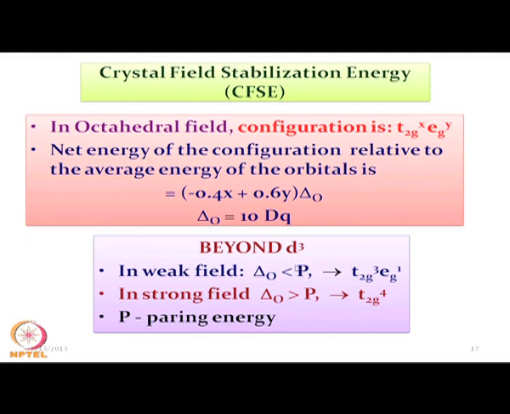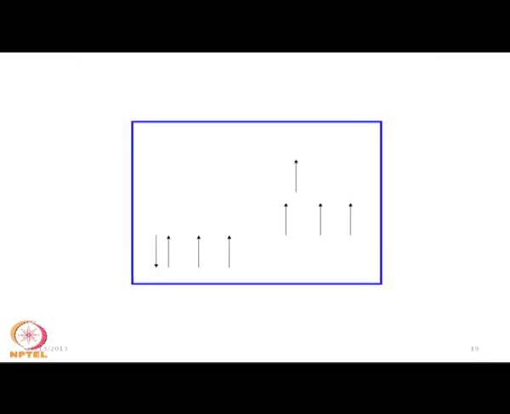And we have seen what we can have beyond d3, when we have the d4, d5, d6 and d7 situation. We have seen just now that in the weak field case delta is less than P, and in the strong field case delta is greater than P. We have the t2g4 configuration compared to the t2g3 eg1 configuration, where the P term, the pairing energy, we have also considered, which will control the corresponding spin state.